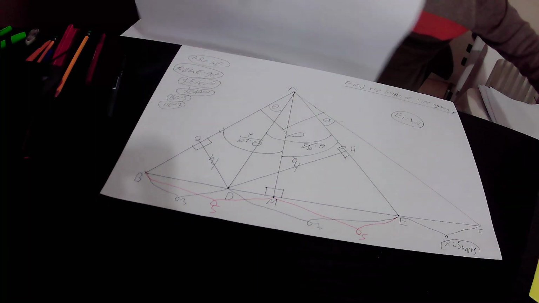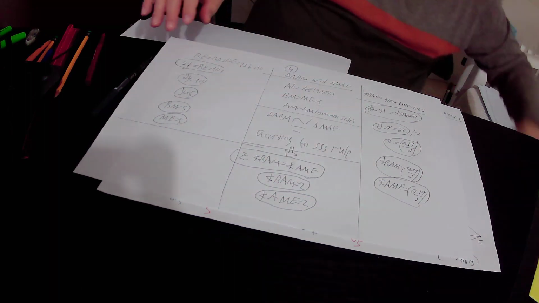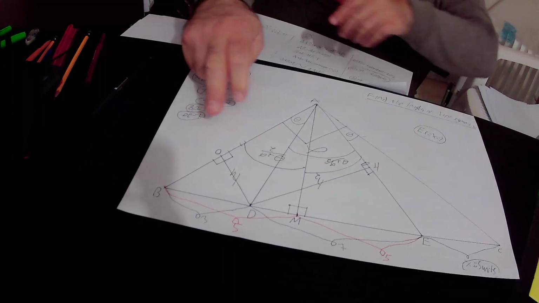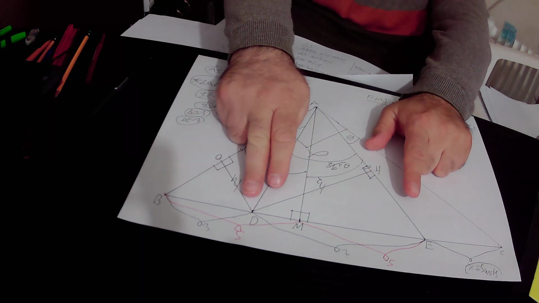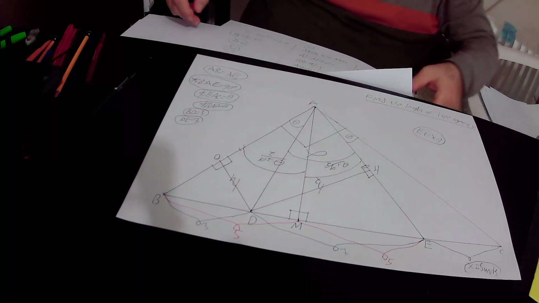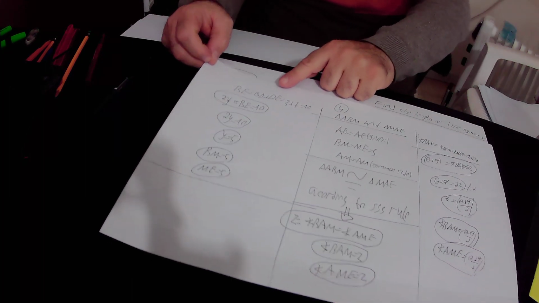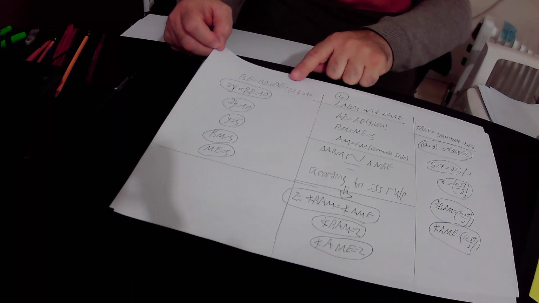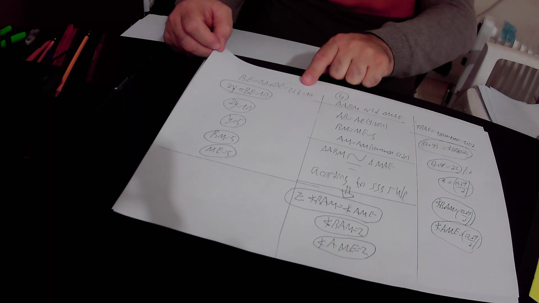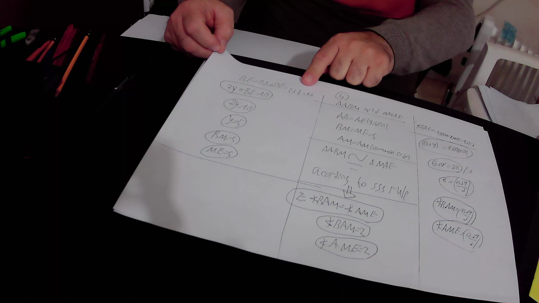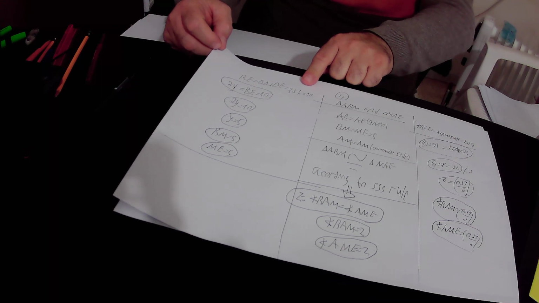But from the other side, we know that BE equals BD plus DE. BD equals 3 units. DE equals 7 units. So BE equals 3 plus 7, that is 10. So from the other side, BE equals 10 units.